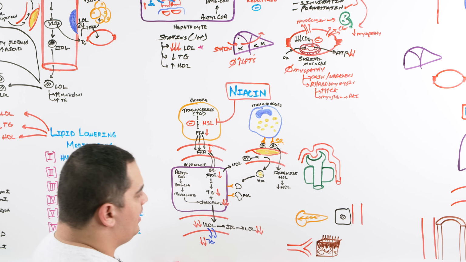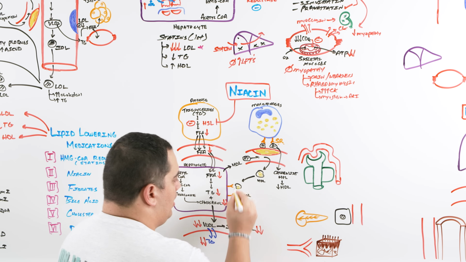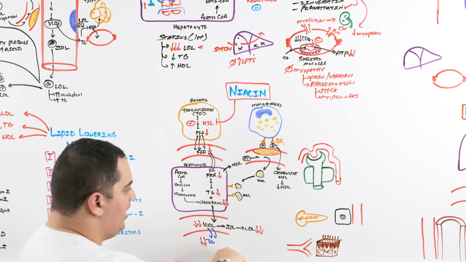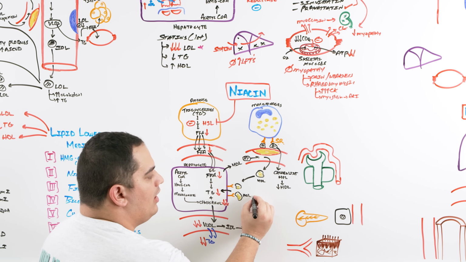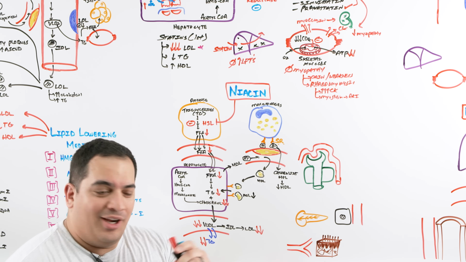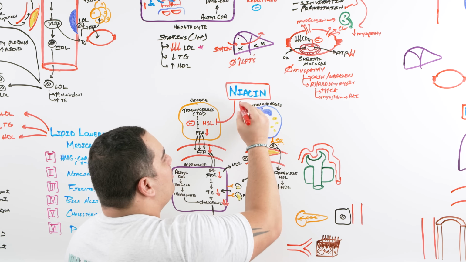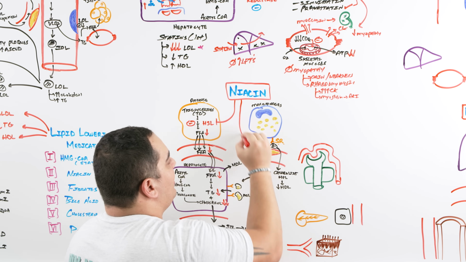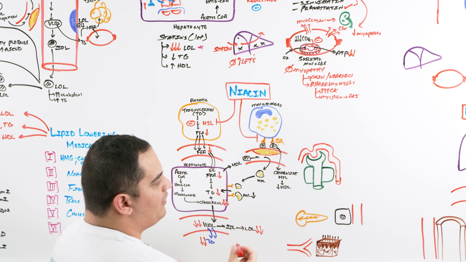And then be reuptaken and sometimes recycled into the liver, right? So from here, they'll get taken up into the liver. And what would that do to the amount of HDL within the bloodstream? That would effectively lower the HDL levels within the bloodstream. Here's what niacin decides to do. Niacin says, I'm going to go ahead and inhibit the catabolism of HDL at the scavenger receptors.